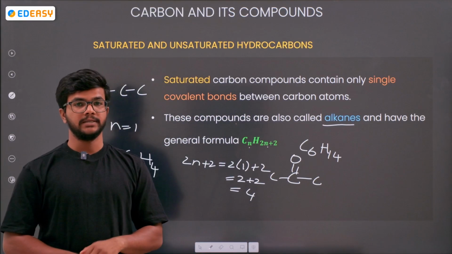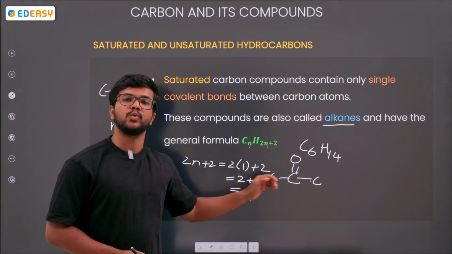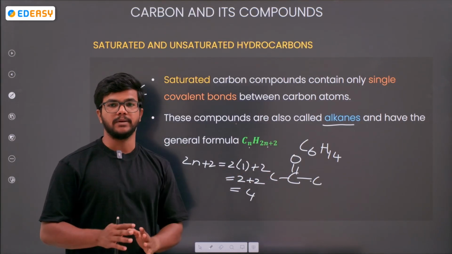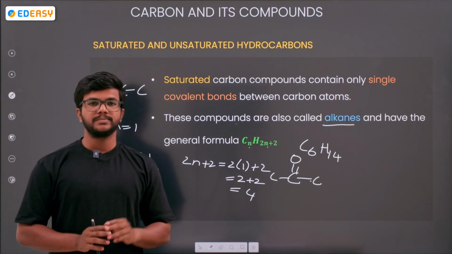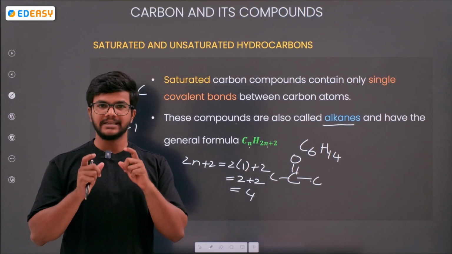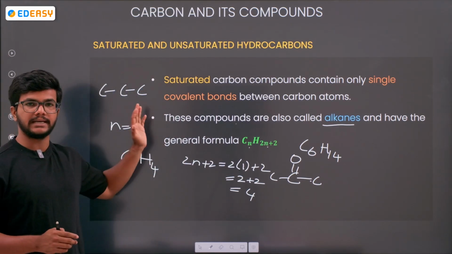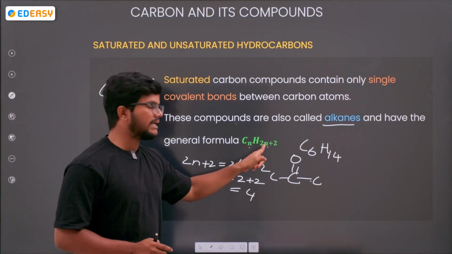In between the carbons we have only single bonds, whereas between oxygen and carbon we have a double bond. We don't consider the double or triple bonds between carbon and another atom. We consider only double or triple bonds between the carbons themselves. So saturated hydrocarbons are carbon-carbon single bonds, and the general formula is CnH2n plus 2.